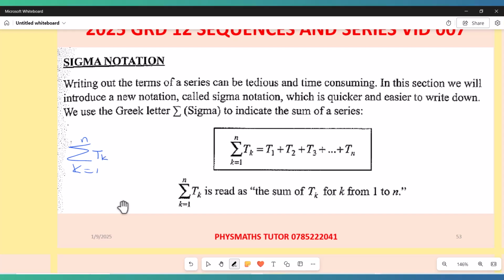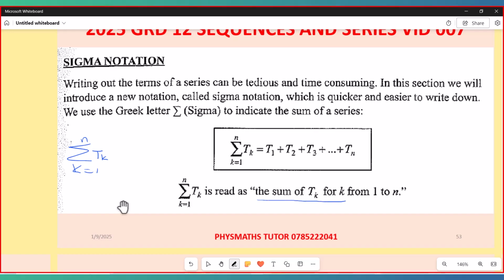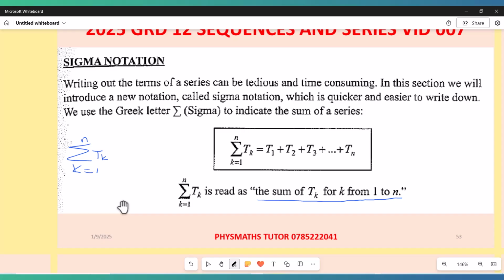The sum of Tk for K from 1 to n. Can you read it for me? Okay. It's the sum of Tk for K from 1 to n.